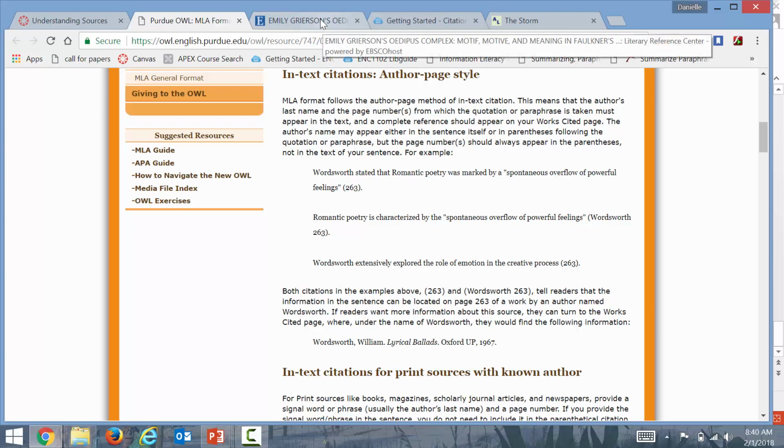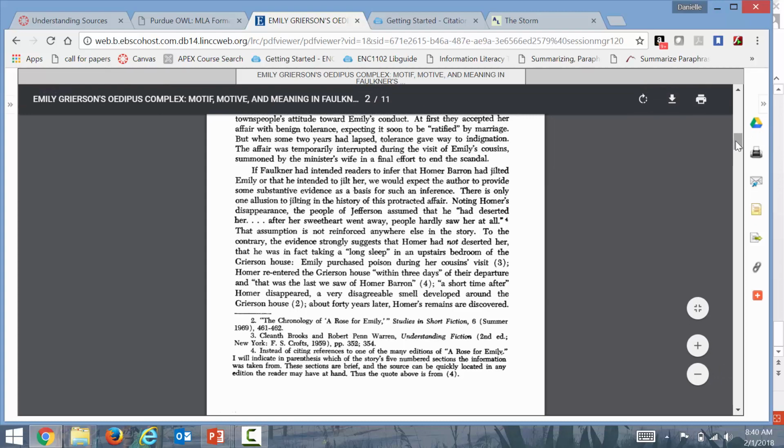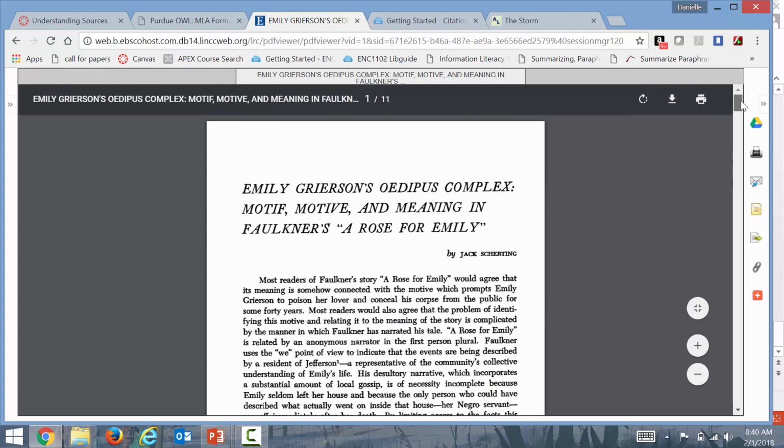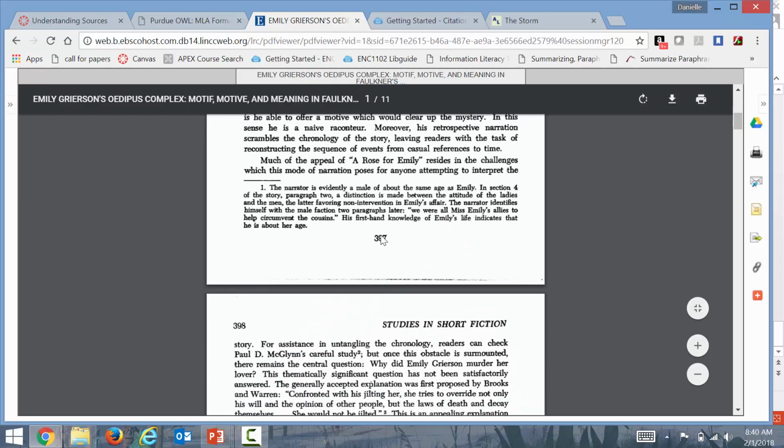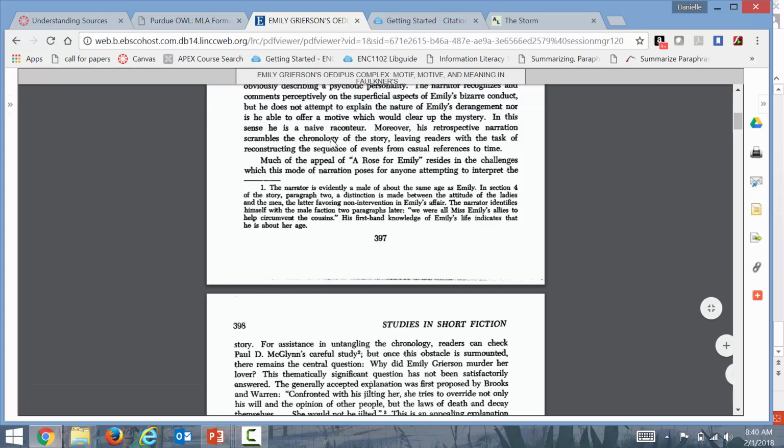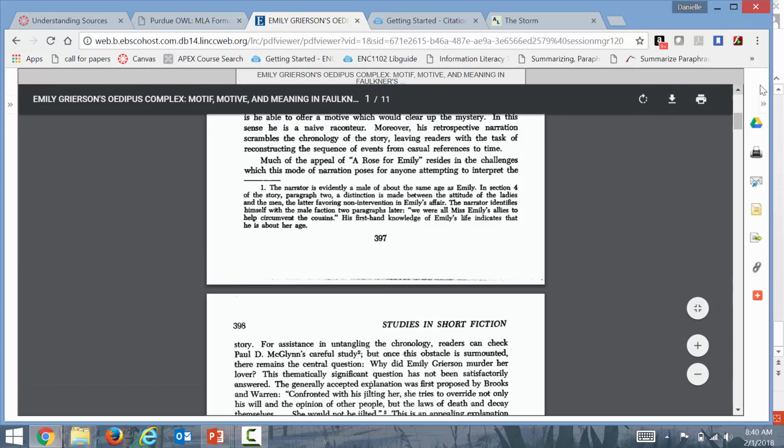And again, I'll put a little separate video up for that. So that means that if you are quoting or summarizing or paraphrasing this article, you're going to have Shrieber's name somewhere in there in that sentence or parenthetically at the end. And then whatever page number you're pulling the idea from, 397 or 398. If it's across pages, it might say 397-398 because it starts here and goes over to here.